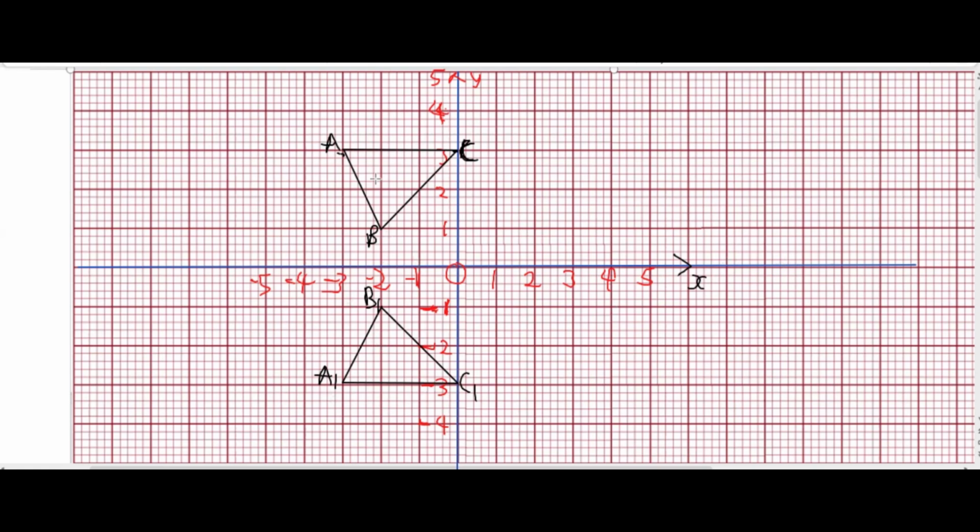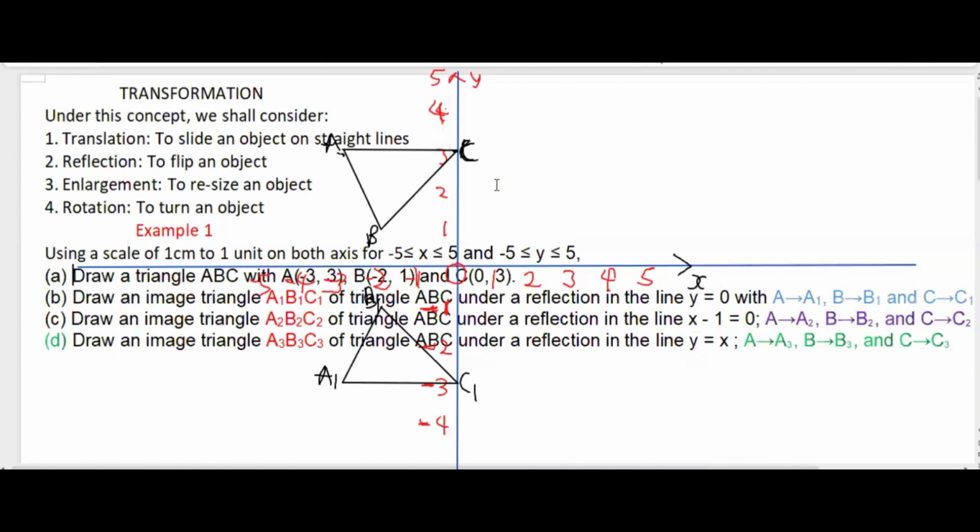A1 will match A at this point, B1 will match B, and C1 will match C. That's the essence of what we're given in the question: A maps to A1, B maps to B1, and C maps to C1, under reflection if you fold it along that line.